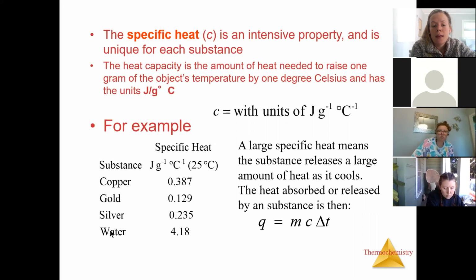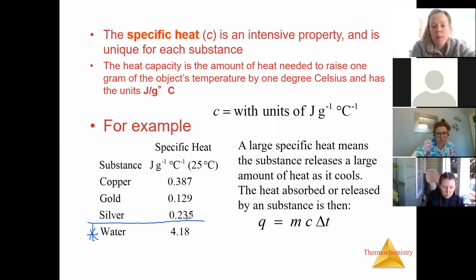If you look at this, water actually has a very, very high heat capacity, much higher than silver, gold, or copper. So what that says is that in order to raise 1 gram of water 1 degree Celsius, I need 4.184 joules. In order to raise 1 gram of silver 1 degree Celsius, I only need 0.235 joules.